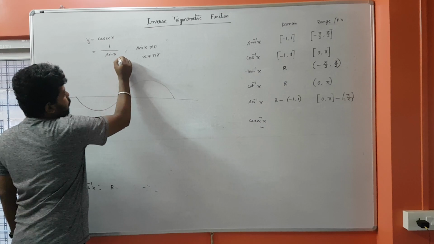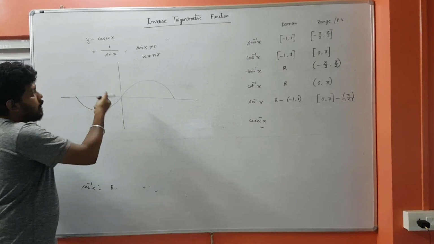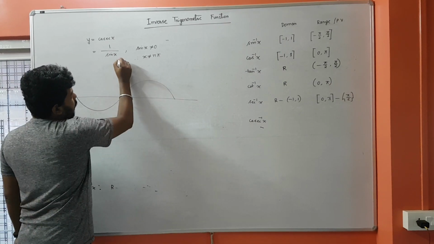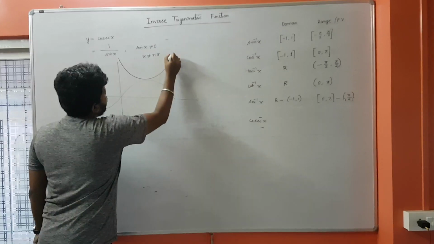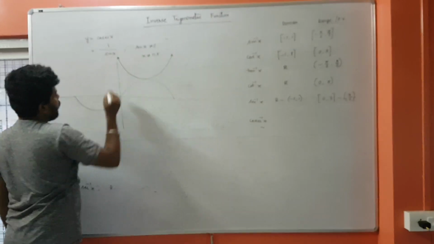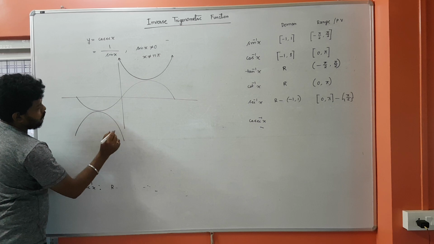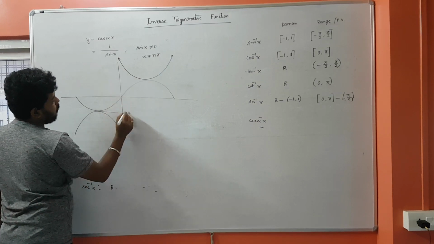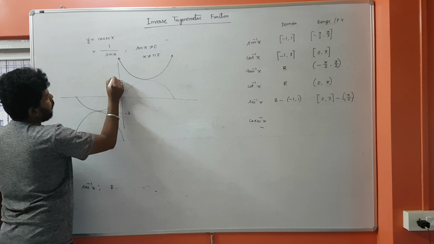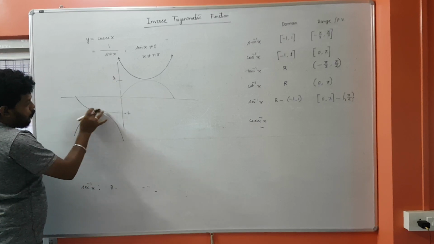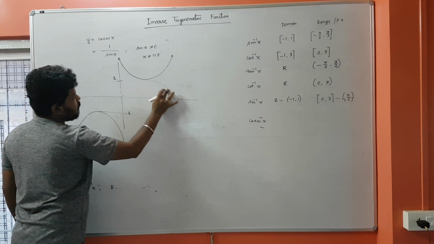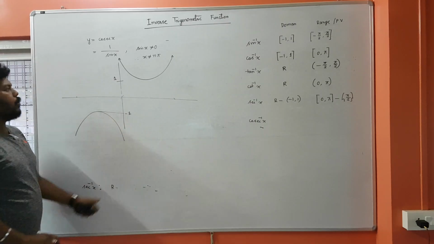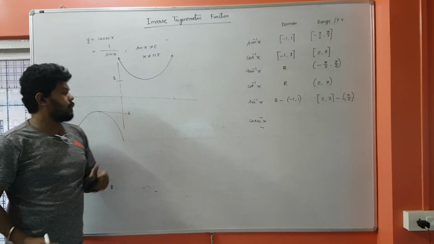If I find the reciprocal of the curve sin x, we will get a curve like this. This is minus 1, this is plus 1. Now, omit the graph of sin x. This is the graph of cosec x.